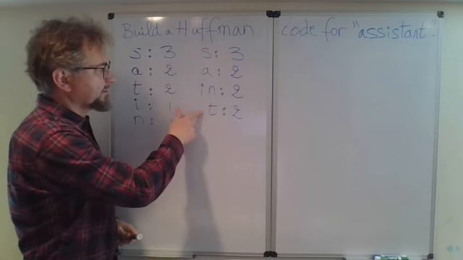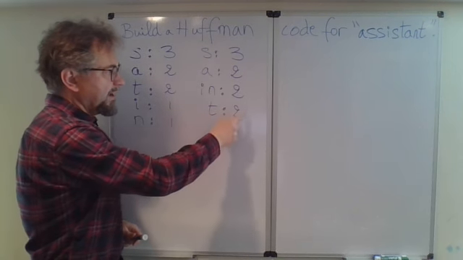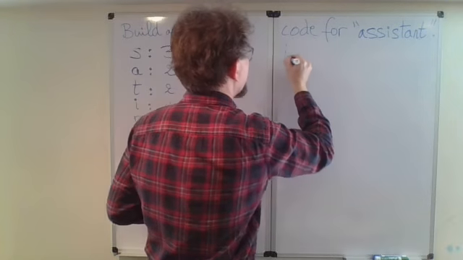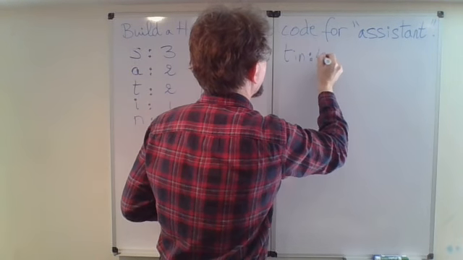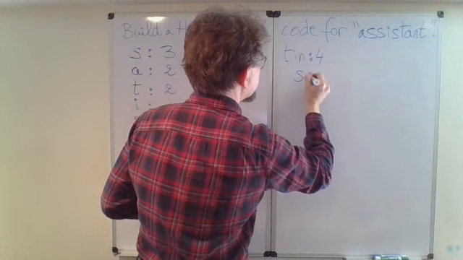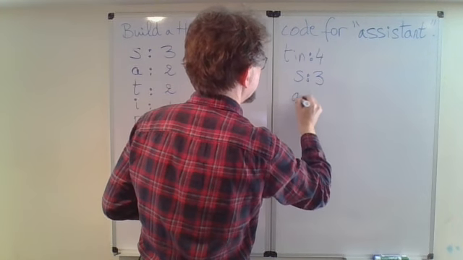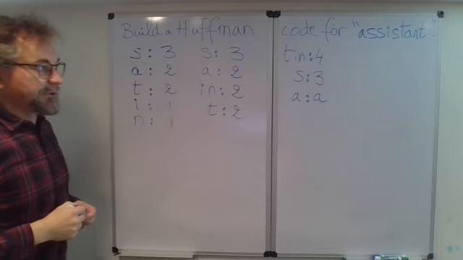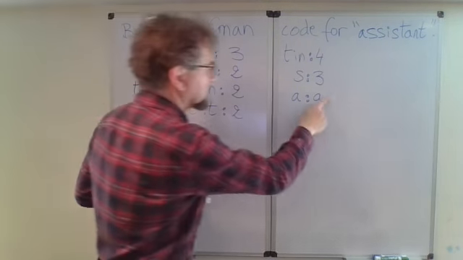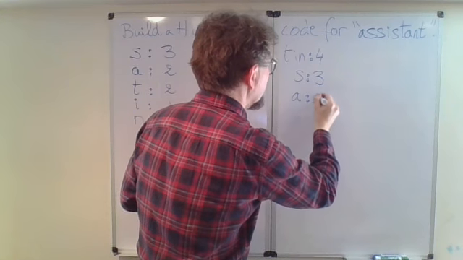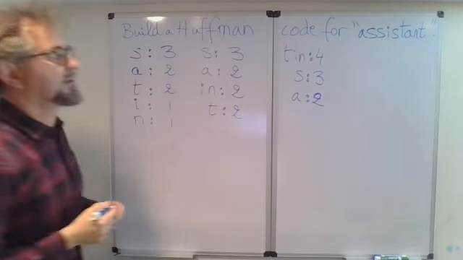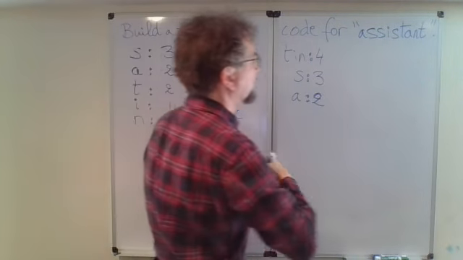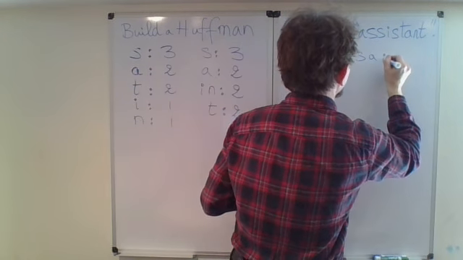So now we contract the T and the IN, adding up their frequencies. That makes it the most frequently occurring character, 4 times. Then we have S, and then we have A. We're still not in the base case, and we contract S and A to end up with a frequency of 5, larger than 4, so the SA comes on top.